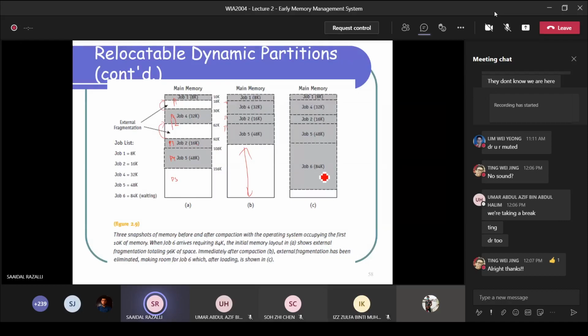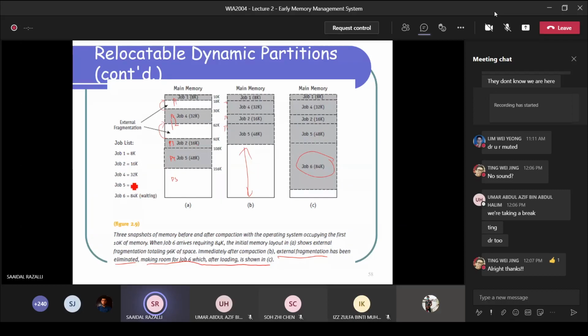So you have job 6, 84K, you combine all the unused free space and make another partition here for job 6, 84K. So the external fragmentation at the beginning has been eliminated, making room for job 6, which is shown after loading in C.